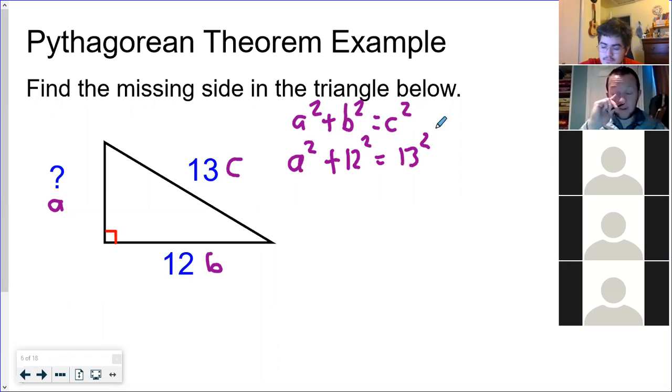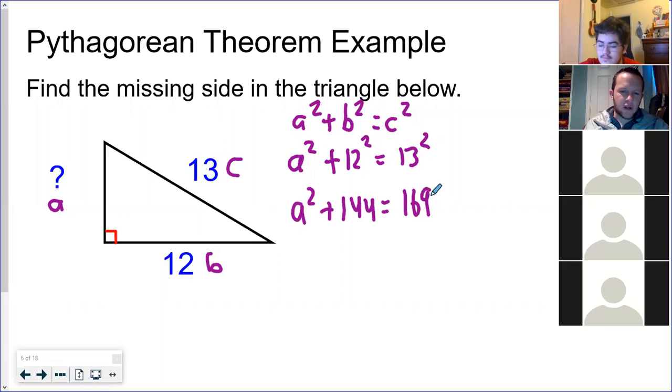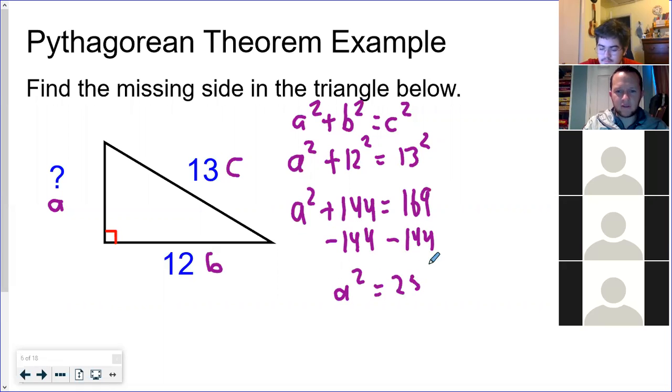So let's go through and simplify that. 12 squared is 144. 13 squared is 169. And I want to solve for A, so I'm going to isolate it by subtracting 144 on both sides. When I subtract 169 minus 144, I get 25.